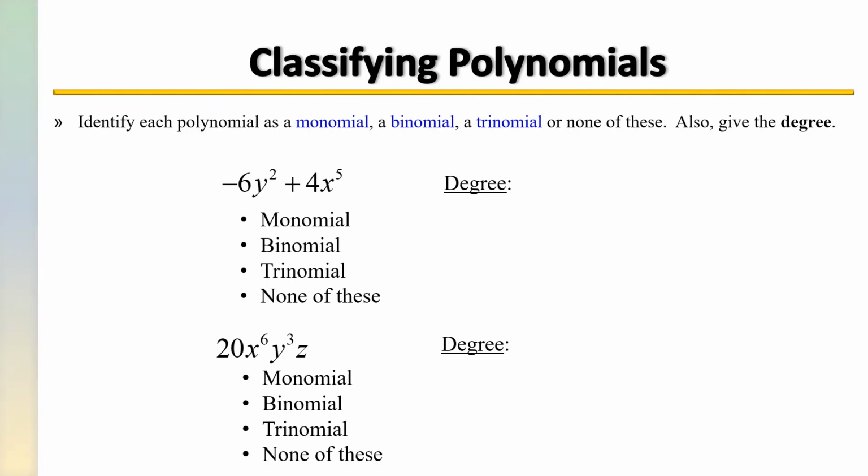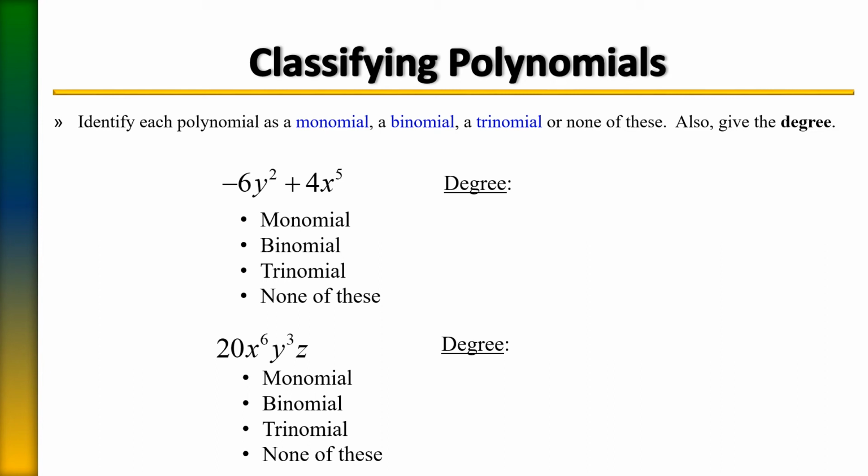In this example, I want you to identify each polynomial as a monomial, a binomial, a trinomial, or none of these. Now we know they're all polynomials. They fall under the umbrella of a polynomial, but I want you to give its other name that it's known for, if it has one. So if not, you say none of these.